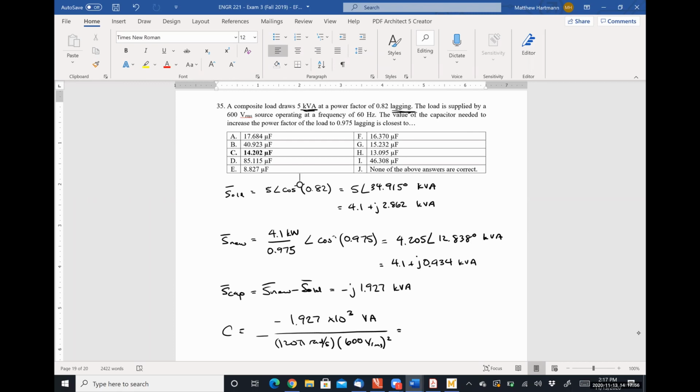So we're going to have 1.927 divided by 120 pi times 600 squared, which is 1.420 times 10 to the minus 5 farads, or 14.202 microfarads.